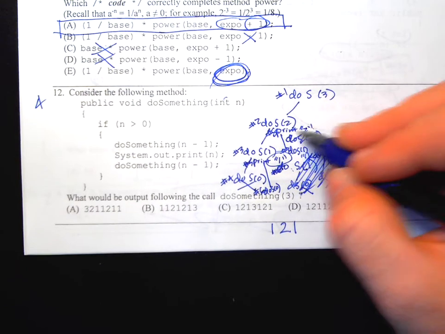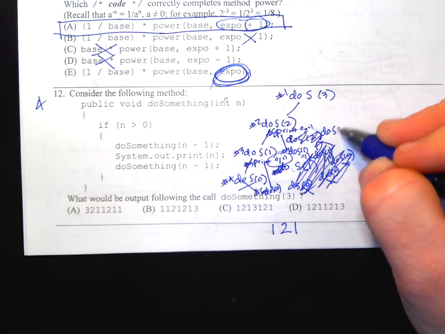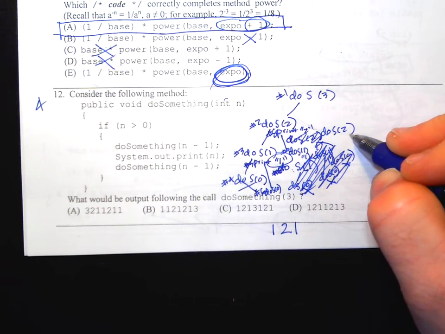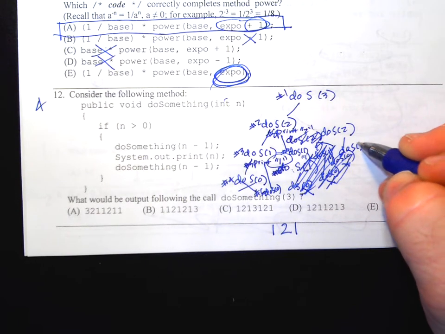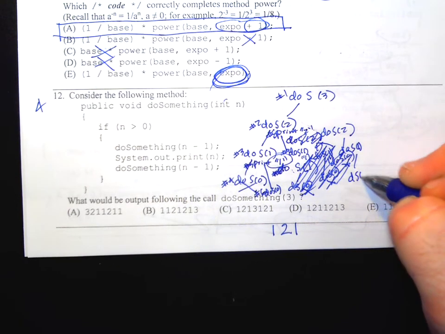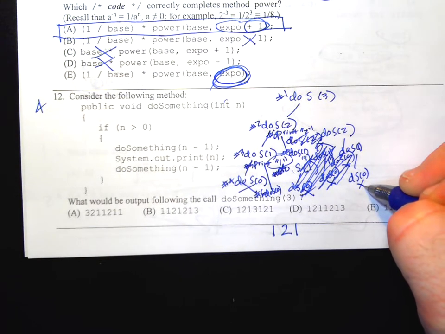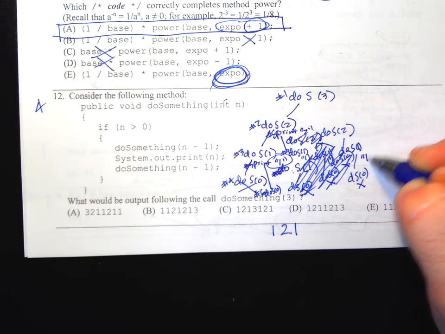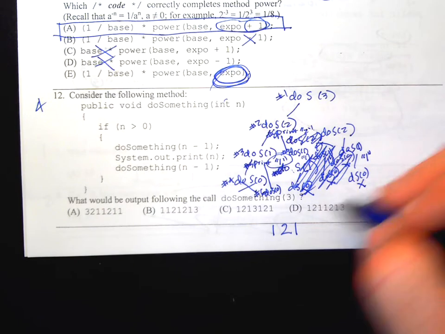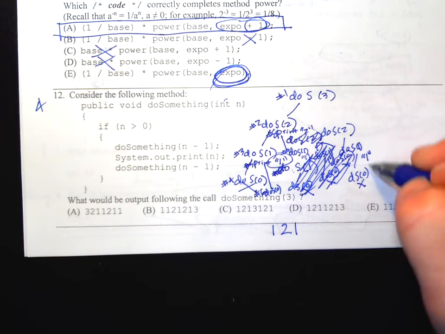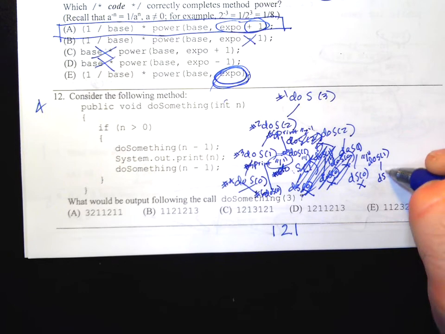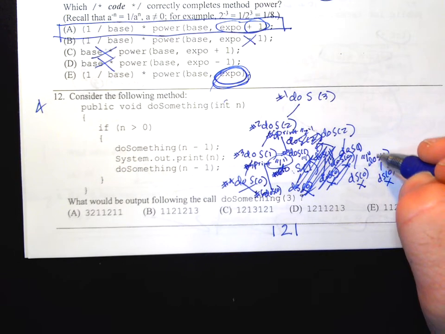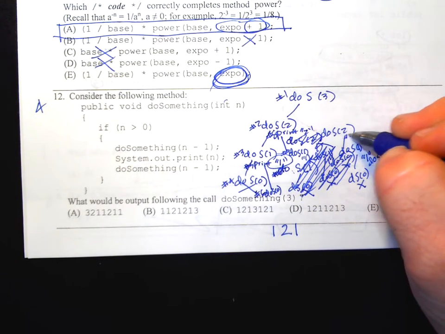And then after it prints out a 2, it calls do something 2, which calls do something 1, which calls do something 0, which does nothing. Comes out here, prints another 1. Okay, so that's where right here. And then it calls do something 1 again, which calls do something 0, which does nothing. Then we get up here and we print another 2.